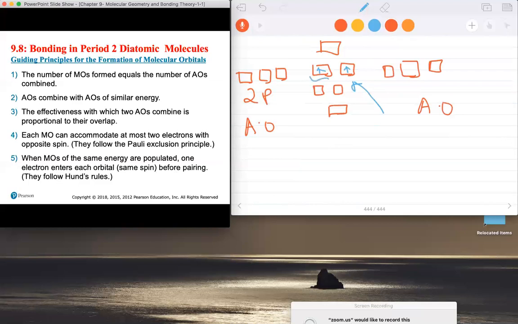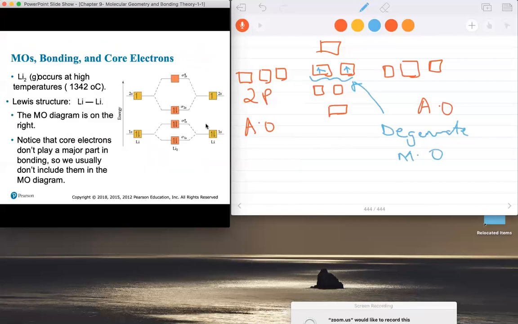These two right here are degenerate molecular orbitals. Degenerate means they have the same energy. Go back again, you can read that, but with practice, you should be able to look at the construction or drawing of molecular orbitals.